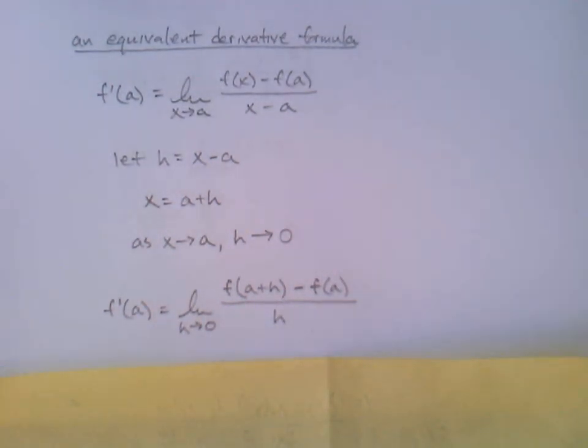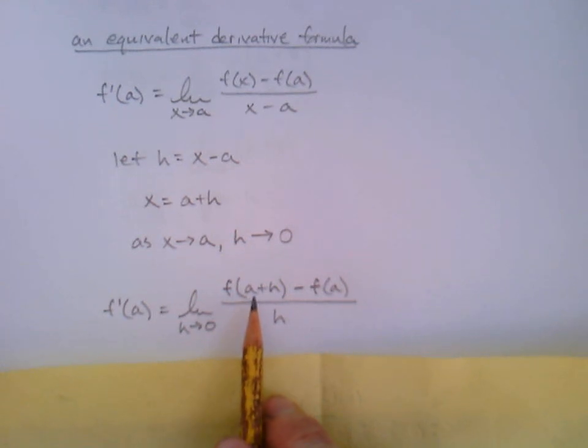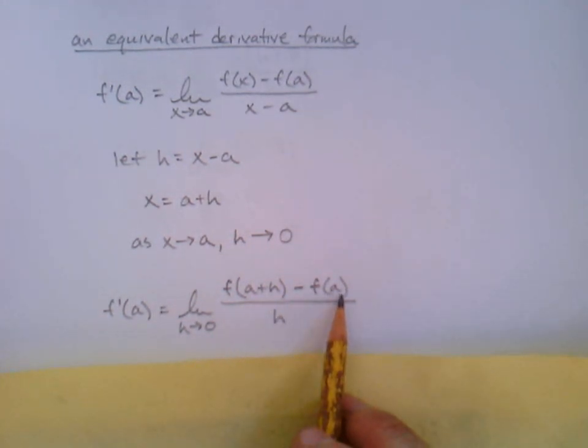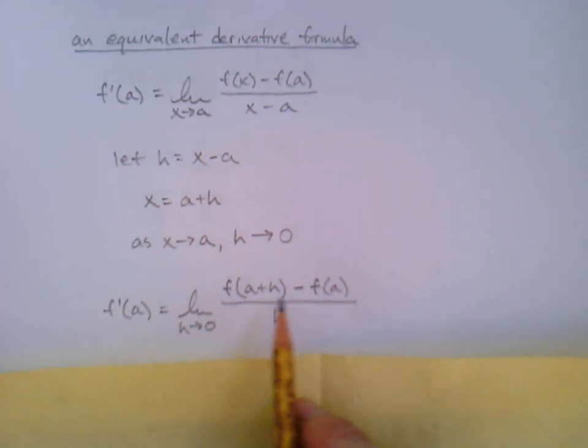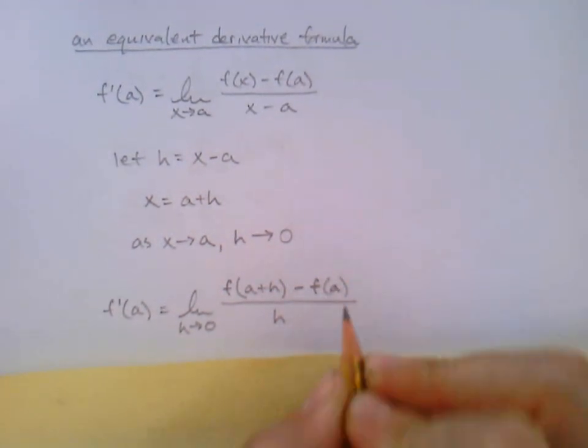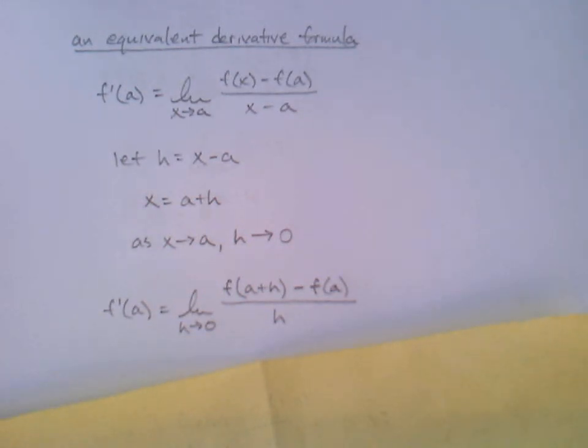Now, again, it's not clear why this is such a big deal, but maybe you see something you recognize. When you look at this part of it, does that remind you of the difference quotient? Now, in the difference quotient, we've got x's, f of x plus h minus f of x all over h. But a is an x value. So, okay, this is kind of where it's going.